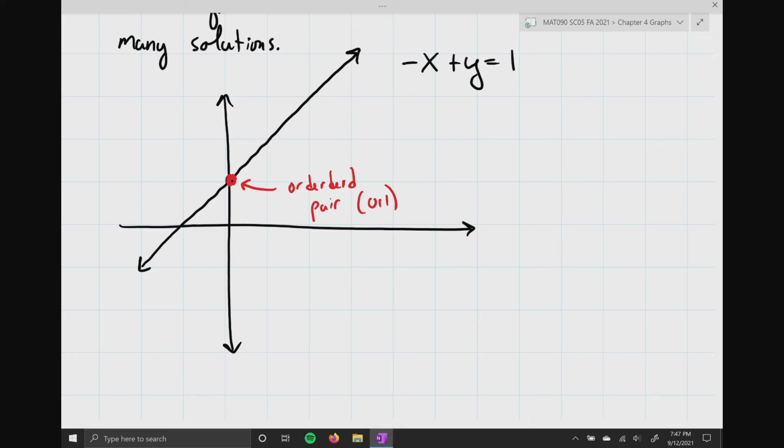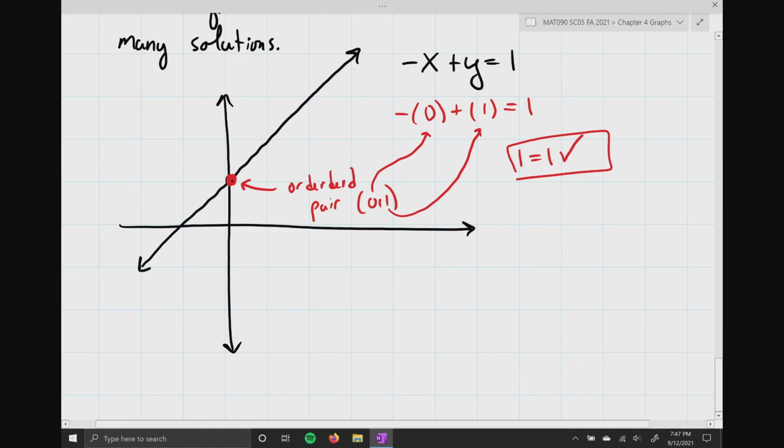If you think about it, if I were just to take my ordered pair and substitute it in, now remember, I like to rewrite it wherever I see the variables, I put parentheses, and then I substitute in x equals 0 and y equals 1, and all I'm going to do is simplify. Well, negative 0 plus 1 is just 1, and 1 equals 1. Notice this is a solution to negative x plus y equals 1.